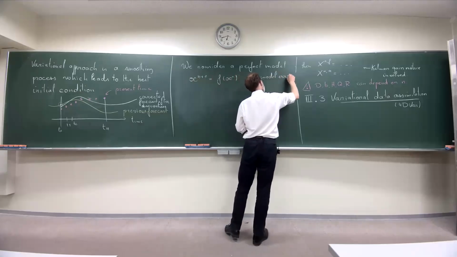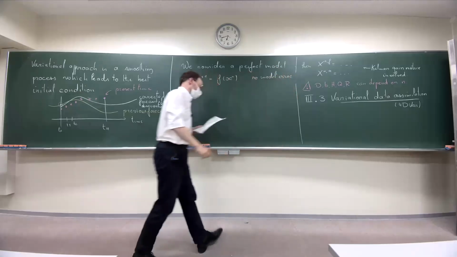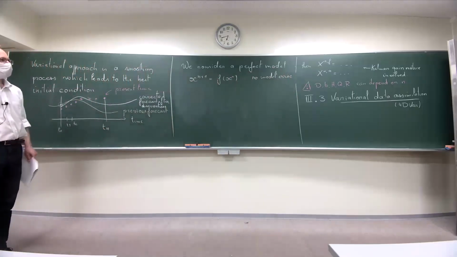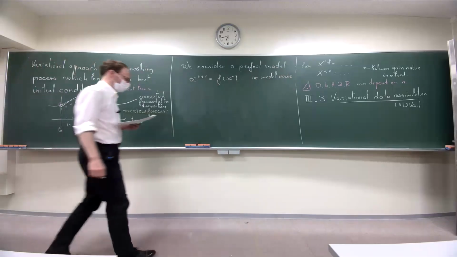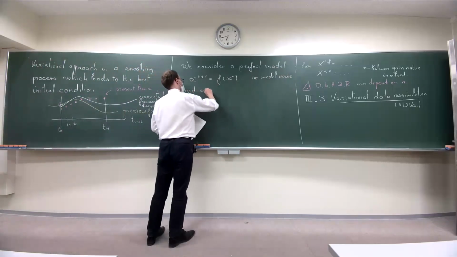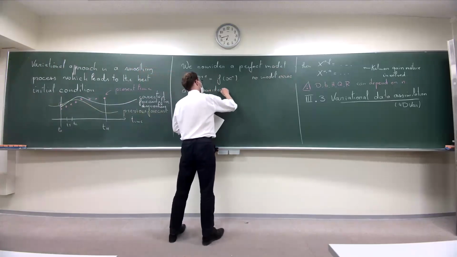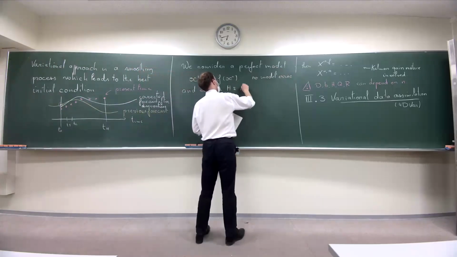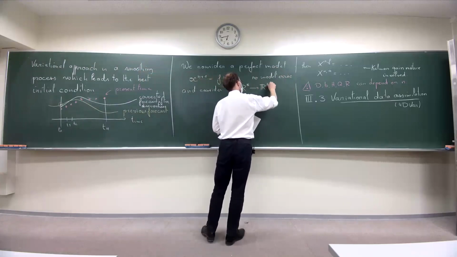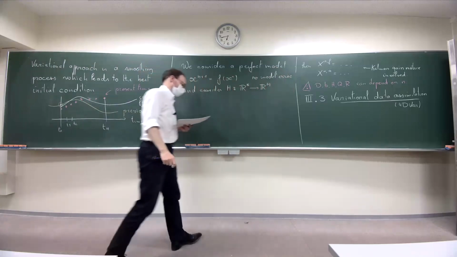We can implement some model error, but I looked at it and it's really more complicated. So I just don't do it. And consider H from Rn to Rm. I do not assume that it is a matrix.